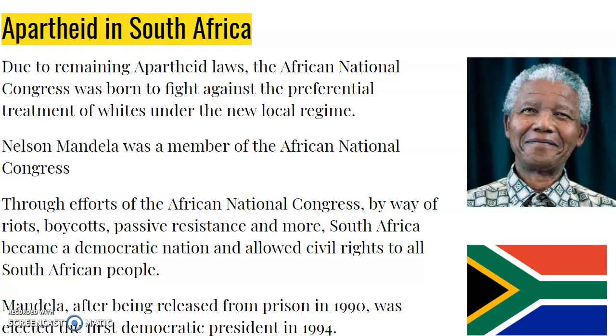And his leadership, so he is actually released from prison in 1990, and he is elected to be the first democratic president in 1994 through government changes and work of the African National Congress by way of him in jail, and also by those who were out of jail and who were trying to negotiate with government officials in a peaceful manner to change South Africa.